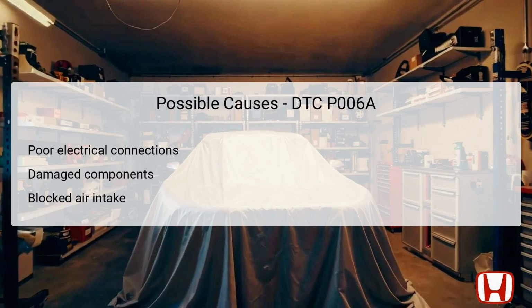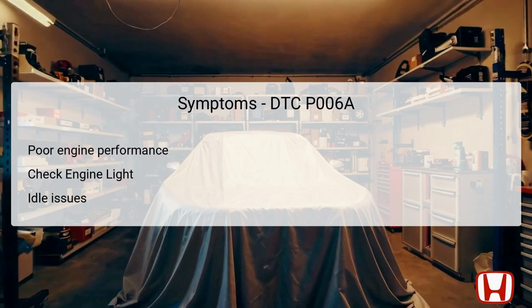the engine management system. Symptoms of DTC P006A typically manifest as poor engine performance, which may include rough idling, poor acceleration, or stalling under certain conditions. A malfunctioning MAF sensor can cause these performance issues by providing inaccurate data to the engine control module.